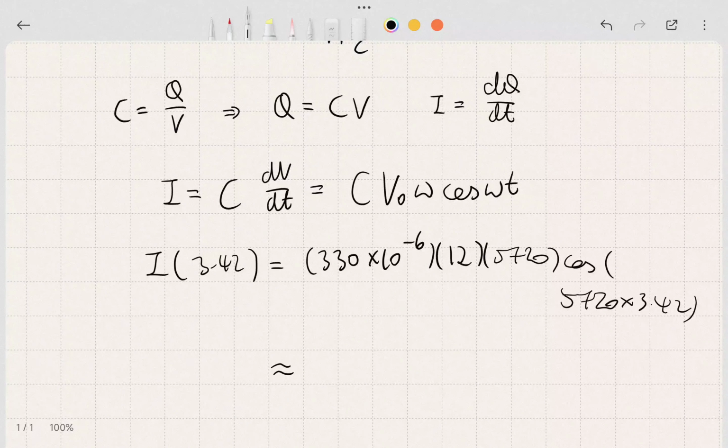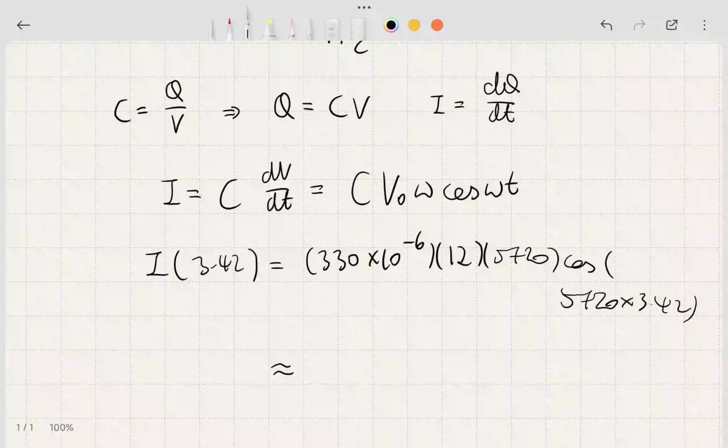All we need to do is put that into our calculator and make sure that it is in radian mode and key in the values. I'm just going to do that very quickly to see if the values match up.